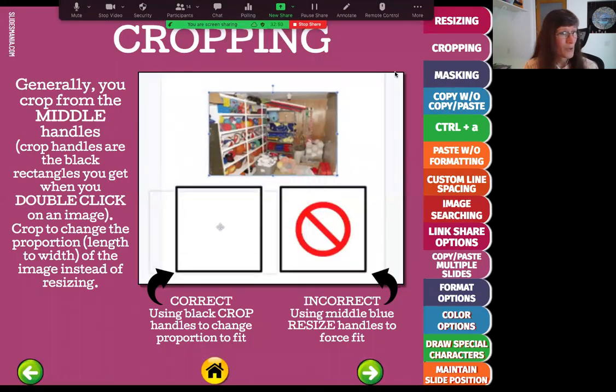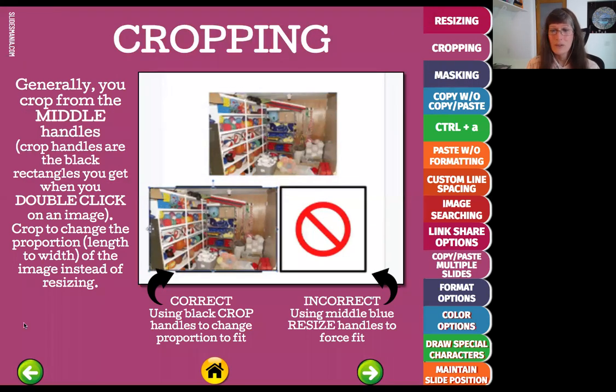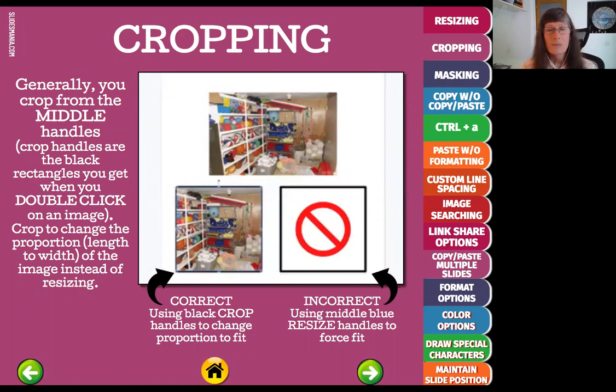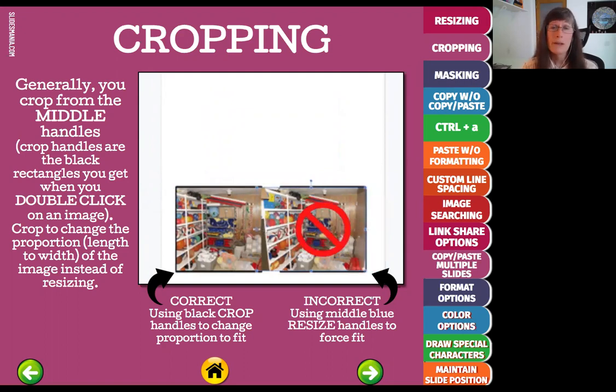Cropping. What do you do when you are cropping? How do you do it? So cropping is something you want to do without changing the picture entirely. If you're trying to crop, you select the image, you go up to the toolbar and you'll see a little kind of cropping icon.